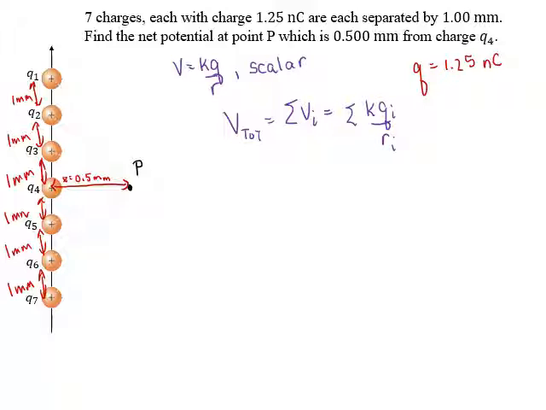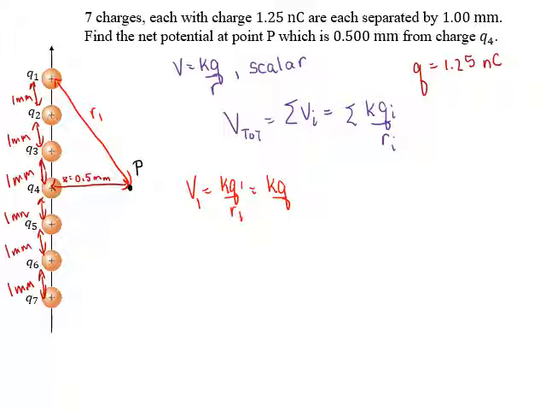So my first charge, Q1, oops, my alarm just went off. There, turned off. So my potential due to my first charge is V1. It's K times Q1 divided by R1. Q1, I'm just going to call Q, and R1 is my distance between my charge 1 and my point P. So there is R1.